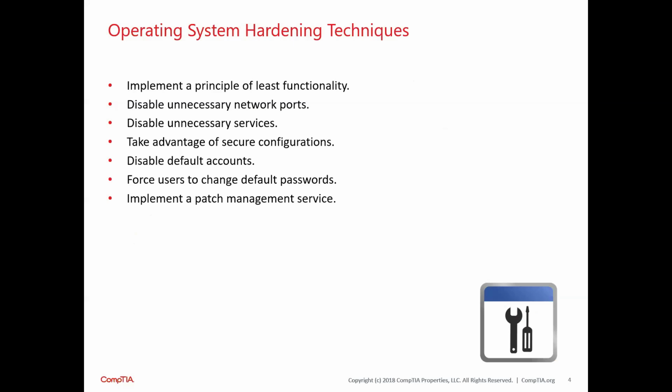Take advantage of secure configuration, maybe disabling default accounts like the guest account or admin account. You create your own new account that might be needed for administrative management, or even forcing users to change default passwords, as well as implementing a patch management service. Those would be examples of operating system hardening techniques.